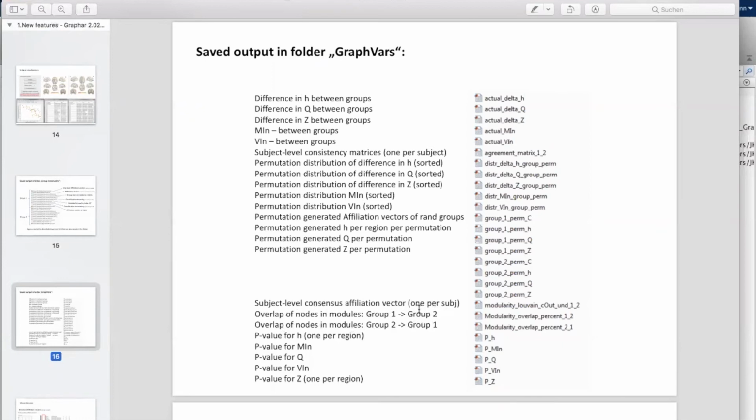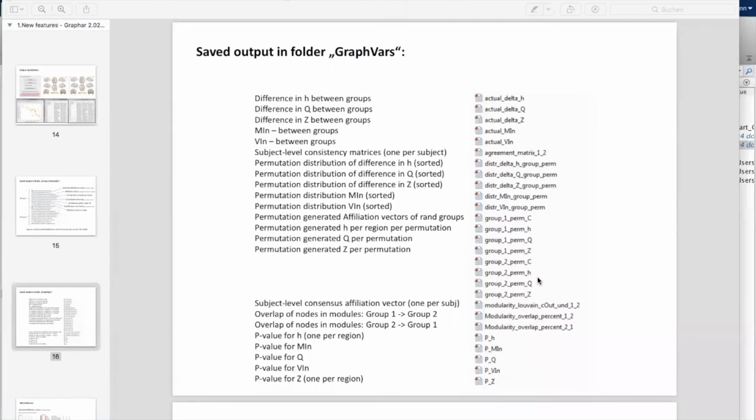But if you look at the other way around, module A in group 2 could only have, let's say, a 20% overlap with module A in group 1, which tells you that module A in group 2 is probably a real big module and also could be then shared either by many other modules in group 1 or just another module in this respective group.